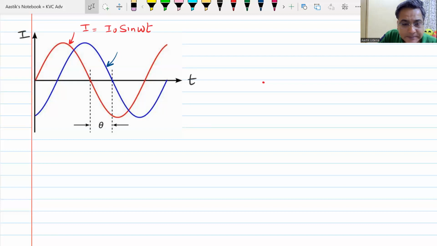The difference between this point is theta.